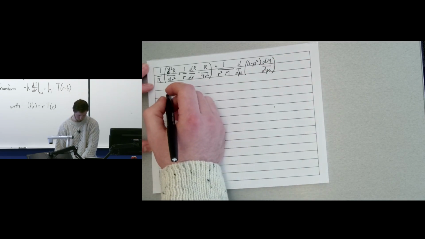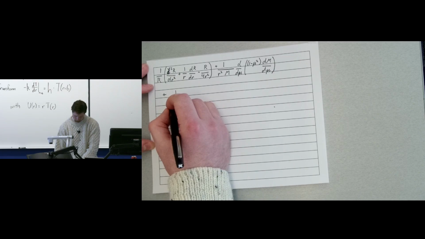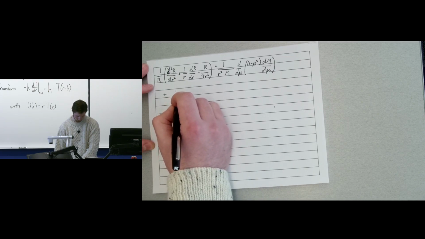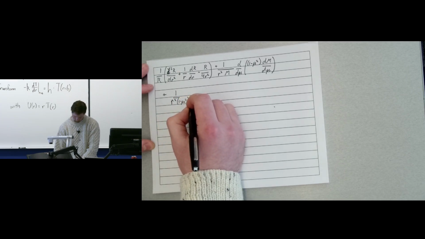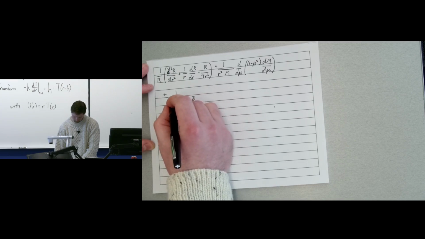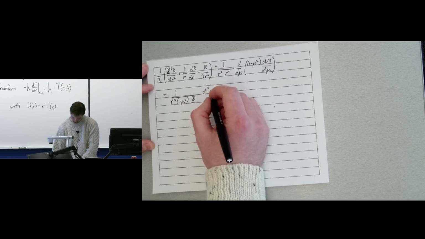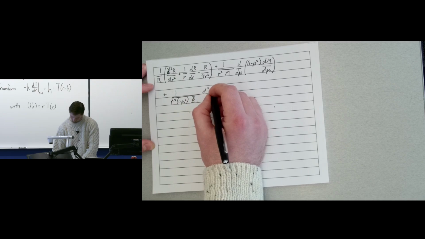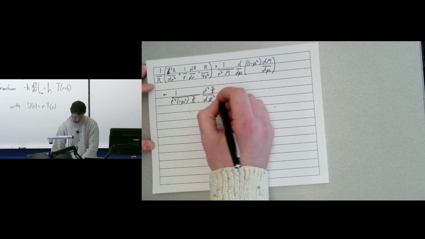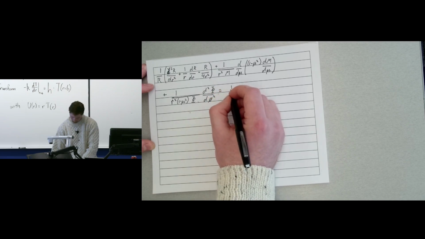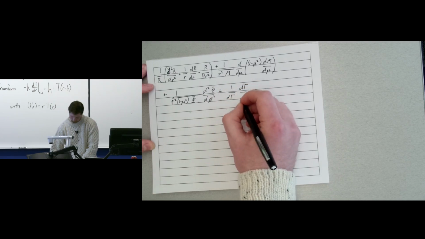That'll be our zenith direction, plus 1 over r squared, 1 minus mu squared, cap phi, with our second derivative of cap phi with respect to phi, is equal to 1 over alpha, cap gamma, d gamma dt.